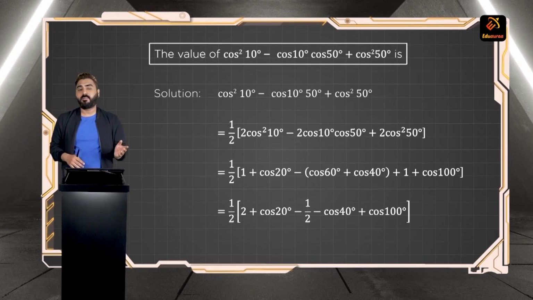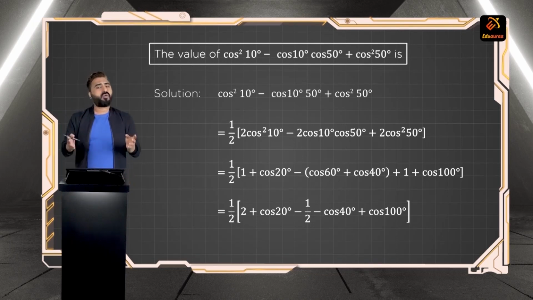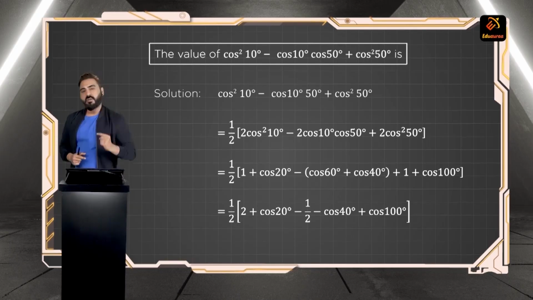Yes students, let's apply the factorization formula again. We are here to simplify the sum. So students, how do we apply factorization? Cos minus cos is minus 2 sin sin. Yes students, if you remember, what is cos minus cos? Minus 2 sin sin, C plus D by 2, C minus D by 2.